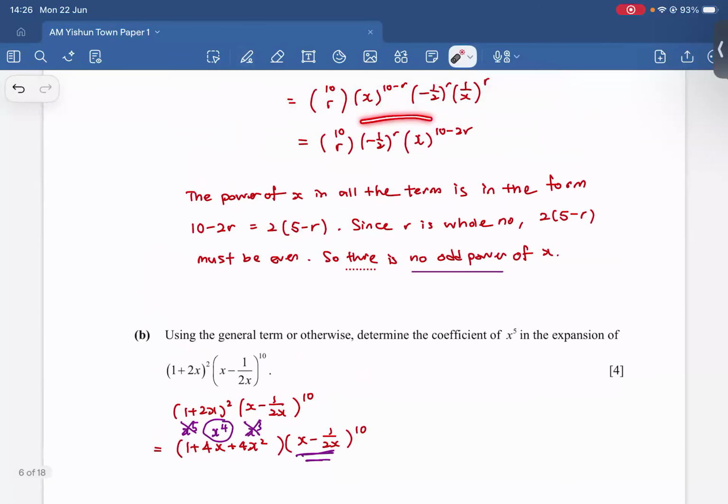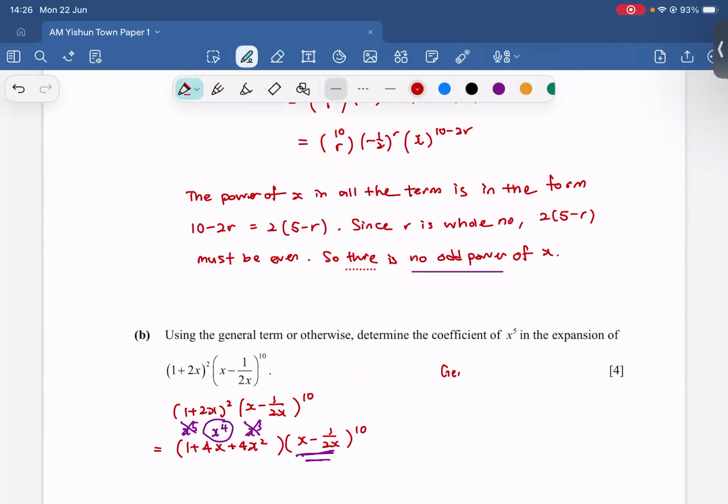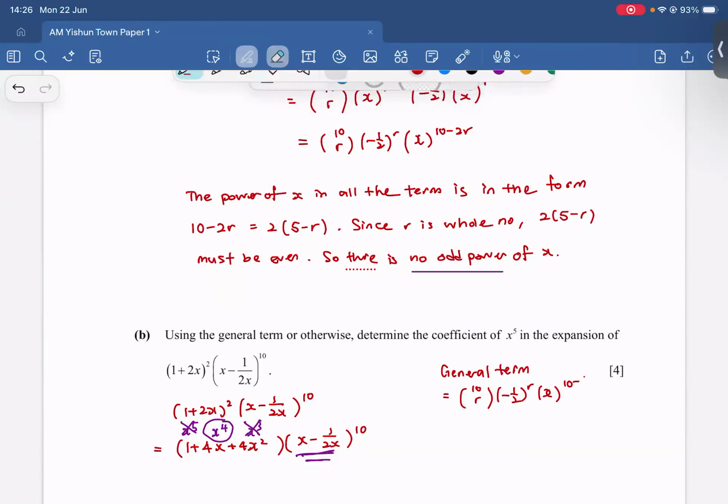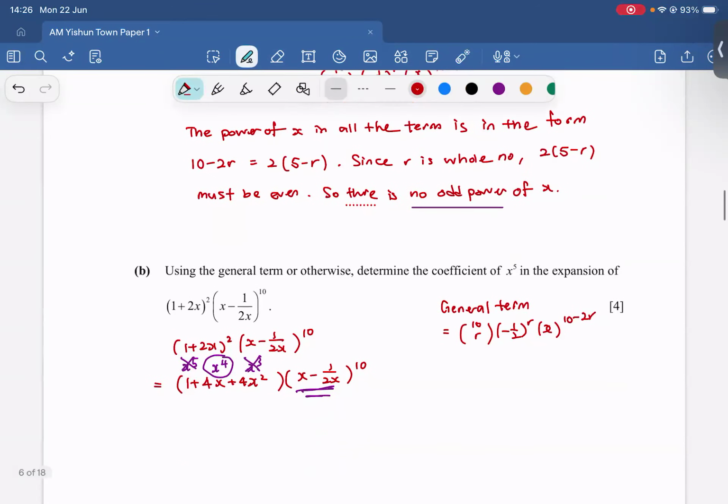We know that this is the general term. So in the whole thing, you can see that only this one will actually affect the power of x. This is just the coefficient. So when we want to find x power 4, I just let this be equal to x power 4.